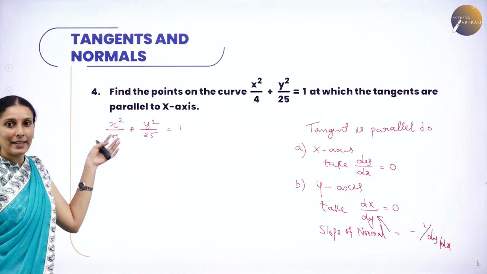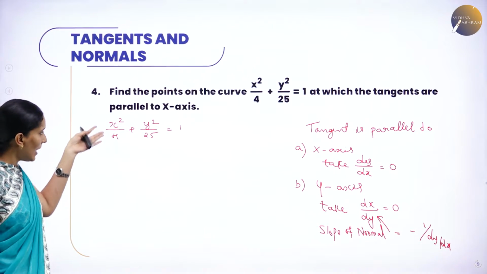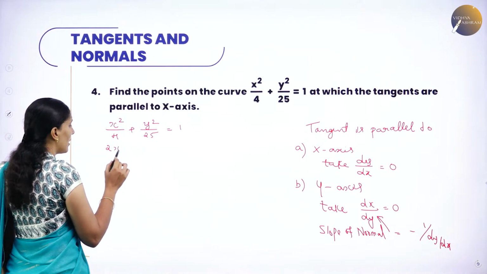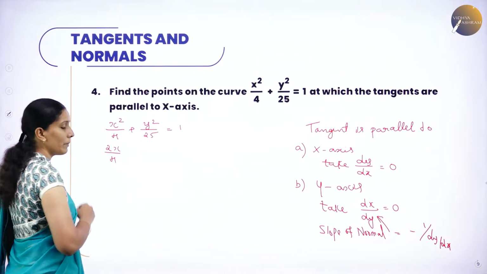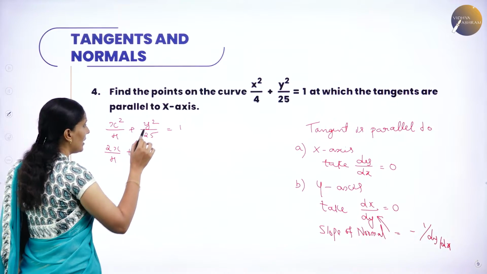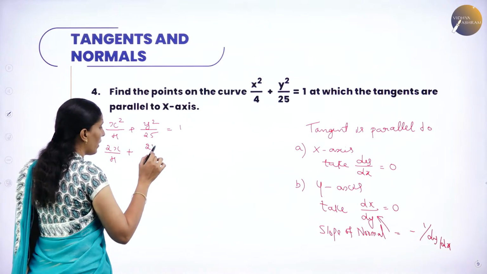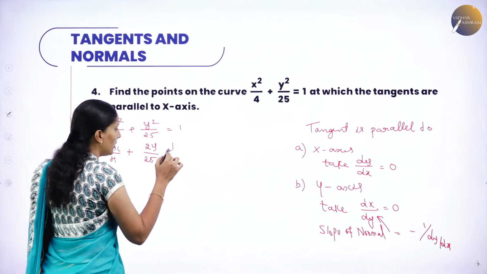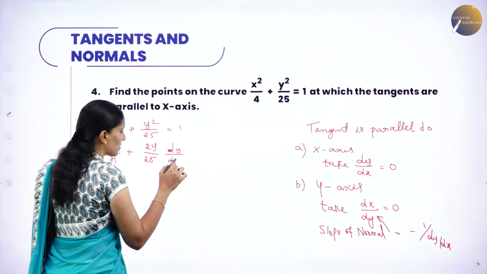So both are in the same side. We can take it as an example of explicit function. Let us derive it. So we get derivative of x square is 2x and 1 by 4 is constant. Let me write it as it is. And again here derivative of y square is 2y and 25 is constant. So therefore I'll write as it is into dy by dx.